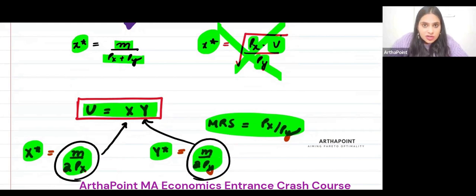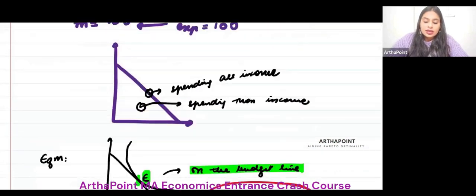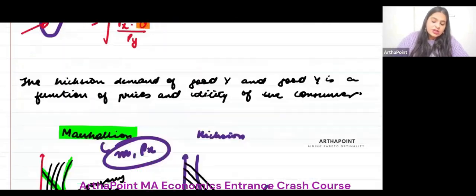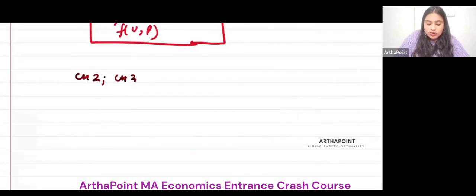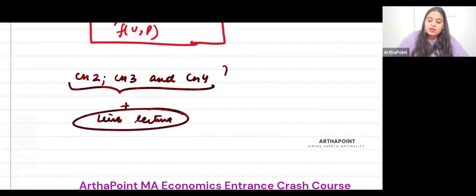So gear up, start studying micro from today onwards. If you want to do some part of intermediate, you can do chapters 2, 3, and 4. I will be using these plus the live lecture we did today. That should be enough before we meet for the next class. Okay.